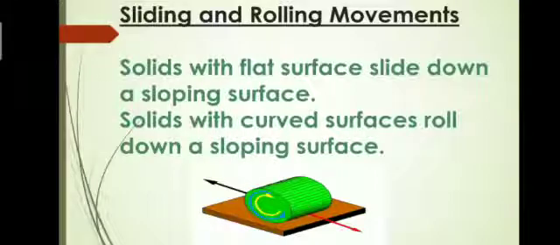For example, cubes and cuboids have flat surfaces, so they slide. Spheres have a curved surface, so they roll down. Cylinders and cones have curved and flat surfaces. They slide down on their flat surfaces and roll along their curved surface.